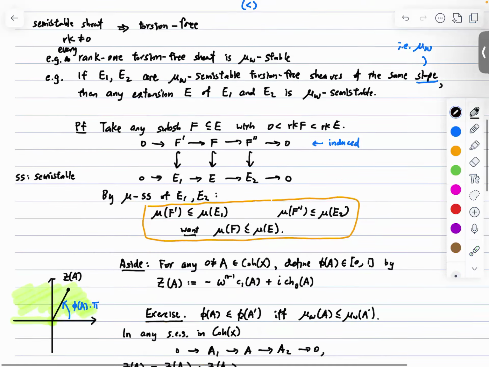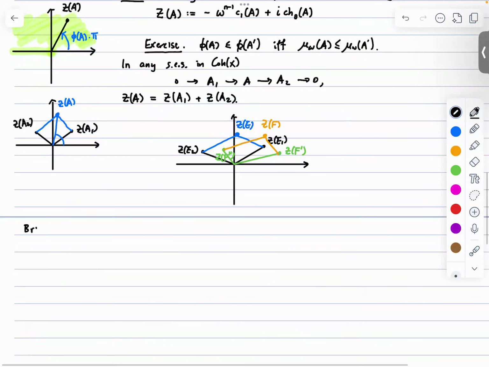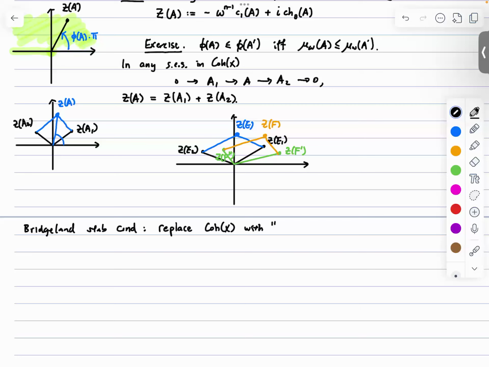And so for Bridgeland stability, the idea is as follows. This is an informal way to think about Bridgeland stability conditions. Instead of thinking about just objects in the category of coherent sheaves, you would think about objects within what we call the heart of a t-structure.